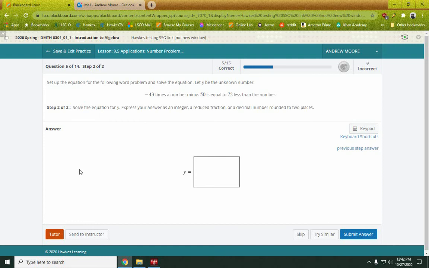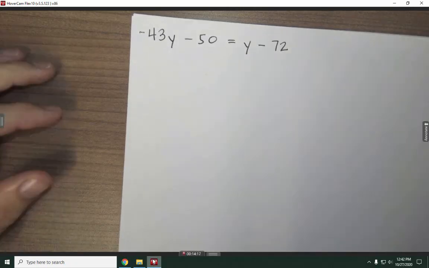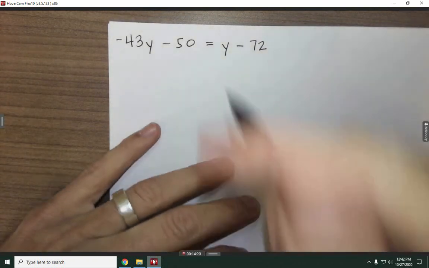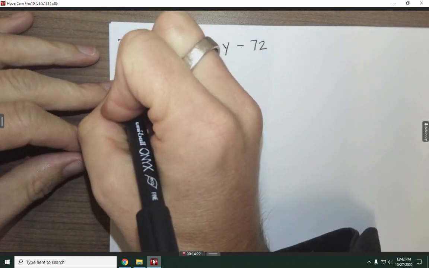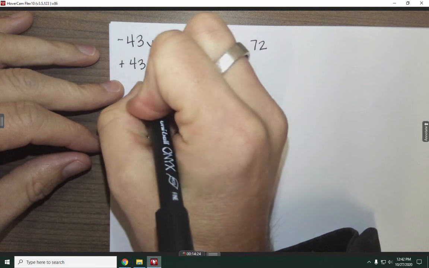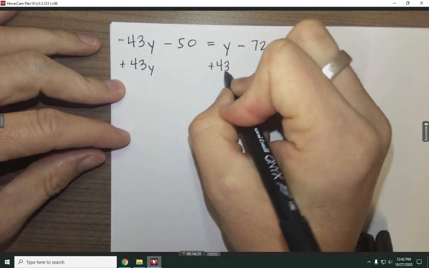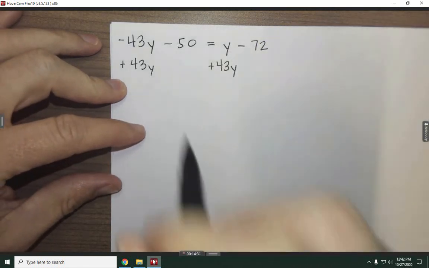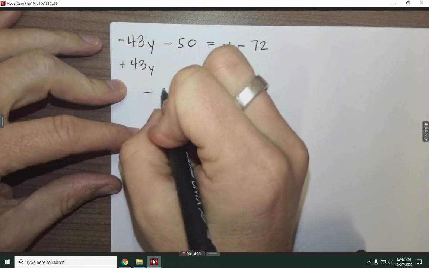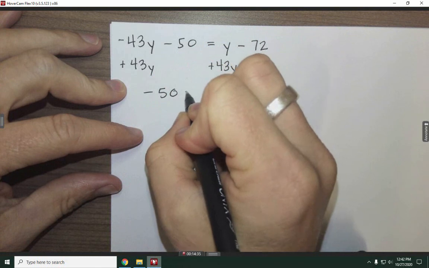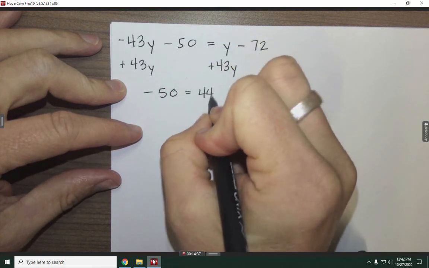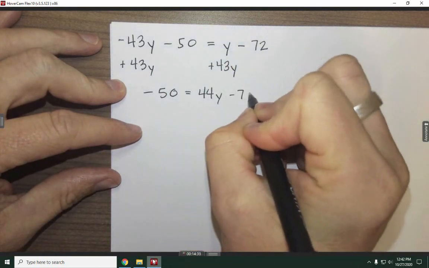So it says solve the equation for y. Express your answer as an integer, reduced fraction, or a decimal number rounded to 2 places. So this is what our equation was that we put in. And so all we're going to do is just add the 43y to the other side. I like to keep my variables positive, at least my coefficients in front of my variables positive. So we're left with negative 50 equals 44y minus 72.